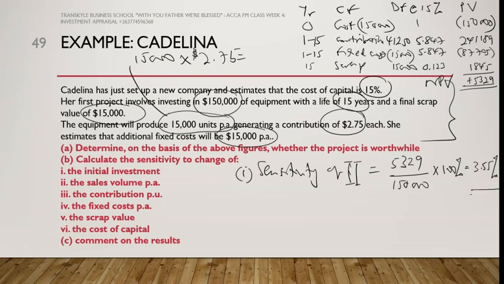What it means is that if the initial investment increases by 3.55%, we are going to end up having a negative net present value. If the initial investment increases by 3.55%, then we'll end up having a negative NPV.